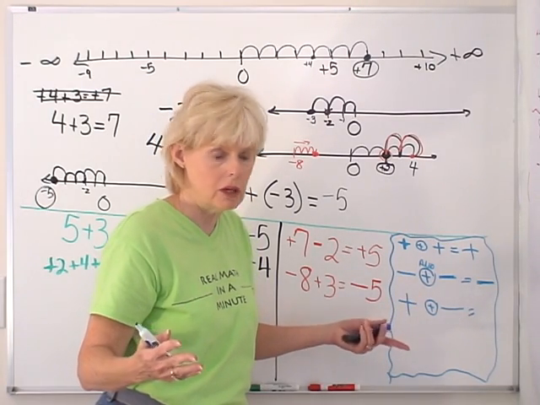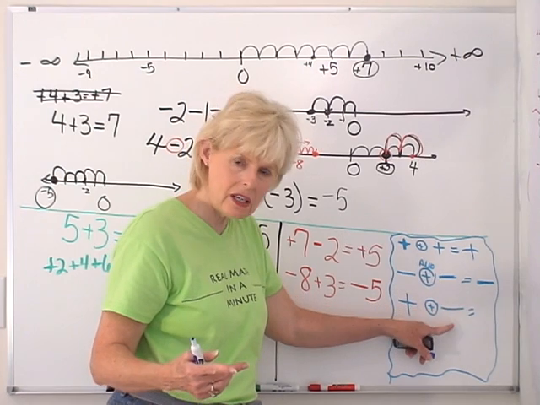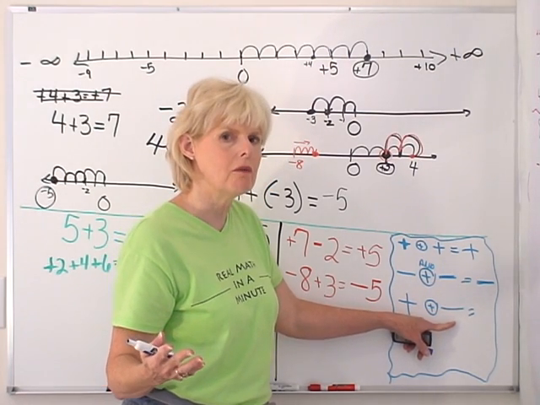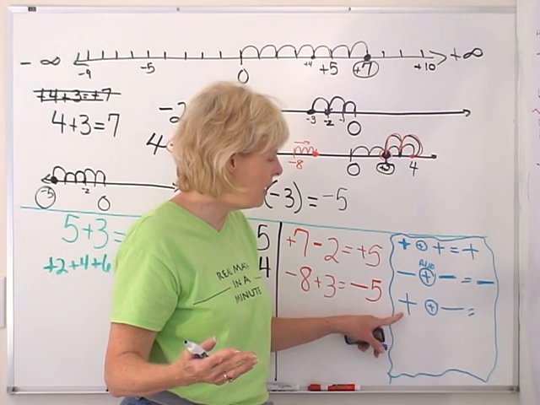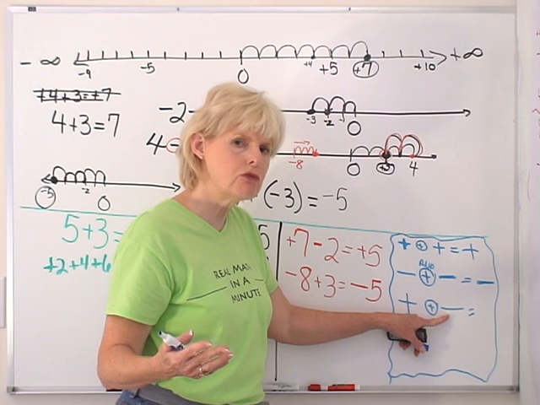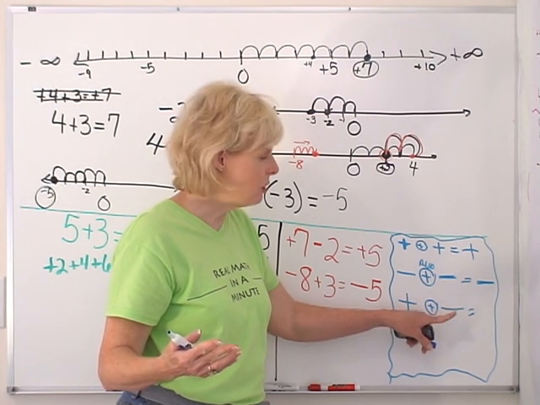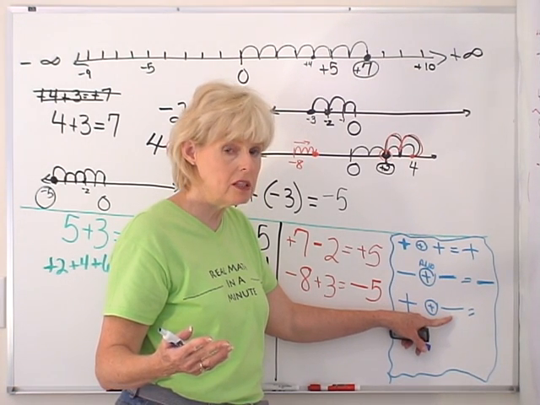I don't know whether we're going to land in the positive or we're going to land in the negative. What does that depend on? Think about that. I mean, if I had a positive 5 and then a negative 20, I've gone a lot farther in the negative direction. So my answer would be negative.